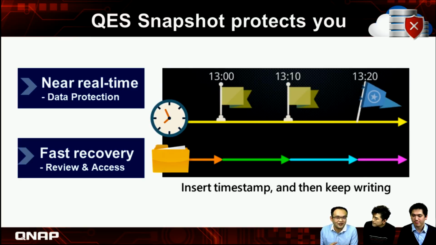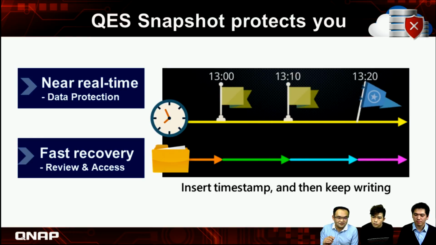For QNAP, the QES snapshot uses copy-on-write technology. When you take the snapshot, it just inserts a timestamp in the data, so it doesn't interrupt your service. You can keep writing data in the storage, and taking a snapshot can complete in near real time.